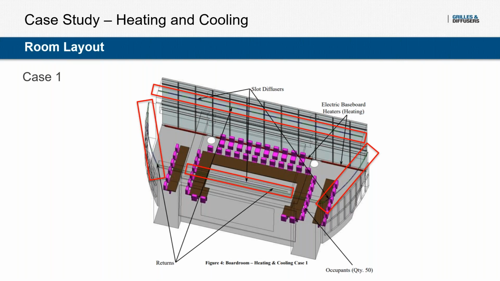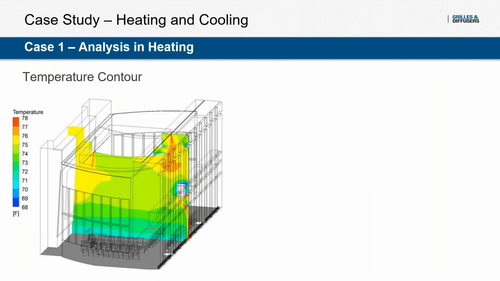So let's take a closer look at that first case and what prompted the changes. At first glance, the temperature contour doesn't look that bad. There is some stratification. It's not necessarily at that 74-degree set point, but in the occupied zone, it is fairly close. So why did we have to change the diffuser placement?